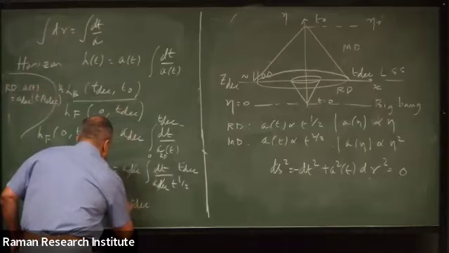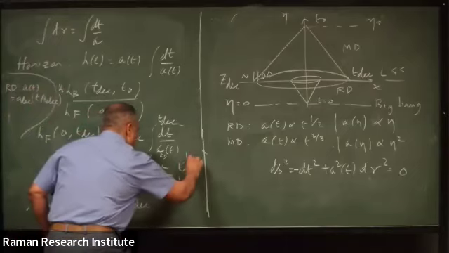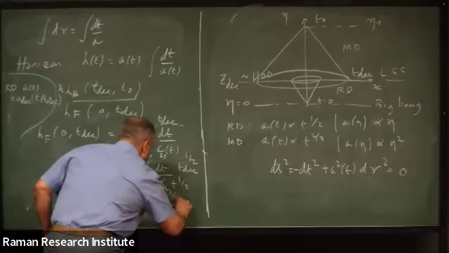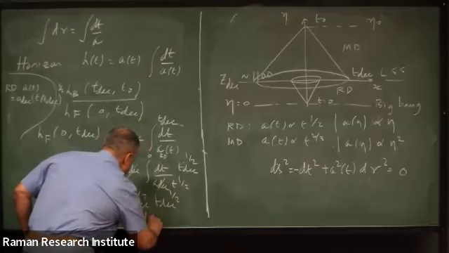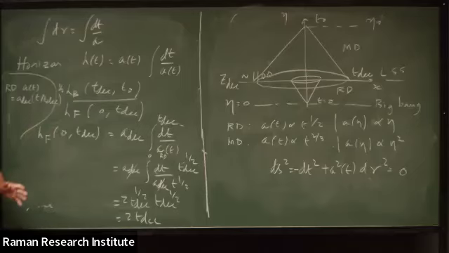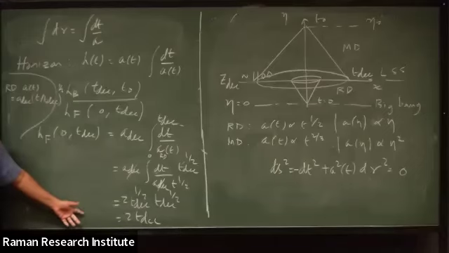So it's equal to 2 t decoupling to the power half, times t decoupling to the power half, which is 2 t decoupling. This is not surprising. There is only one time in the problem, which is t decoupling, and the only way I can construct a length out of it is by multiplying by the velocity c. That's what it is.